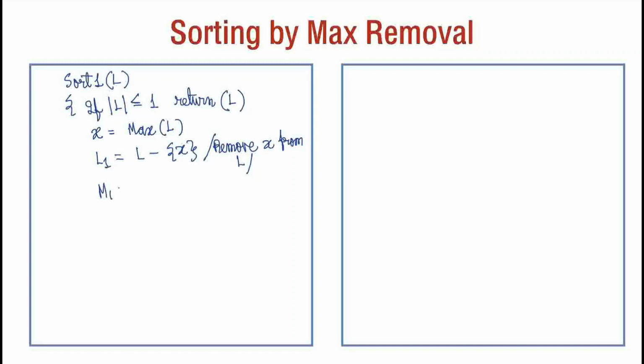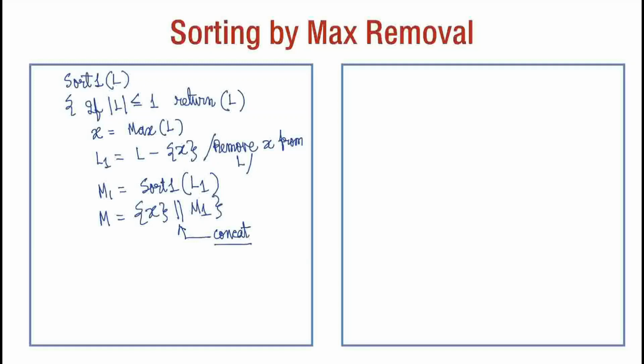Then we again call sort 1 on L1 and we get M1, which is the sorted value of L1. And finally we create M equal to X concatenated with M1, where this is a concatenation operator.